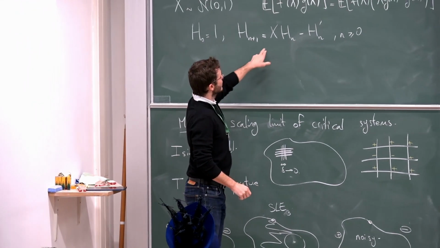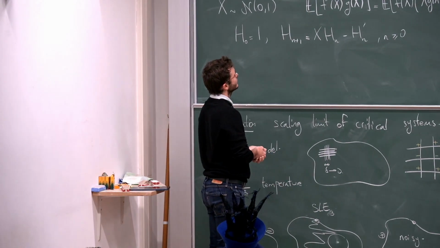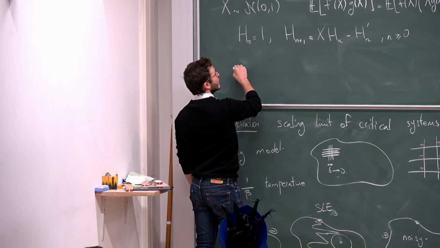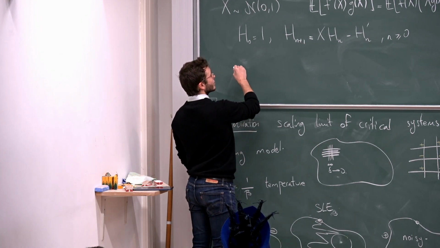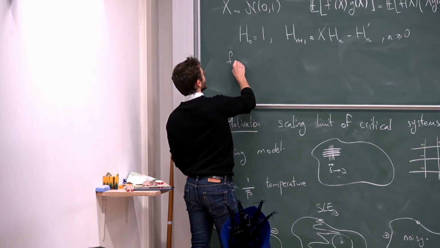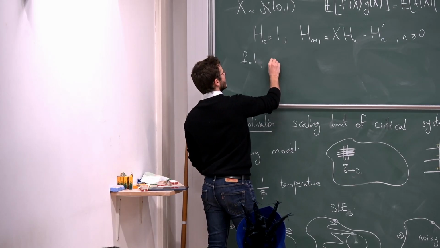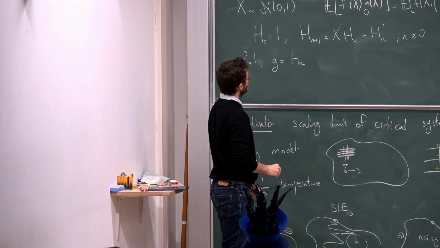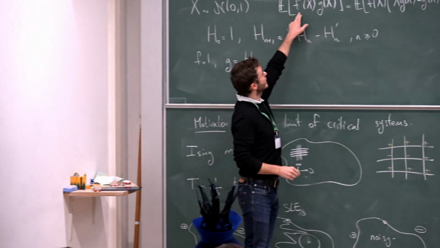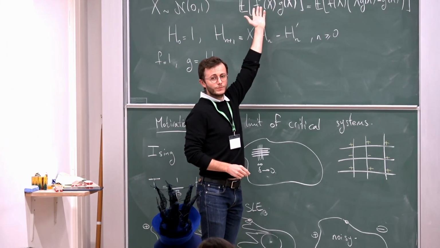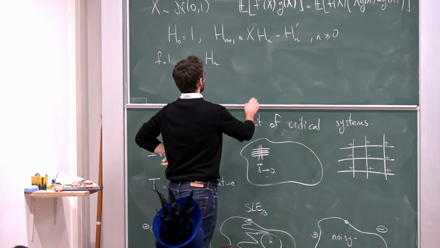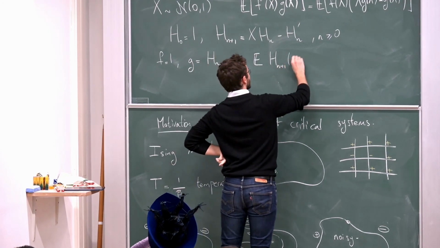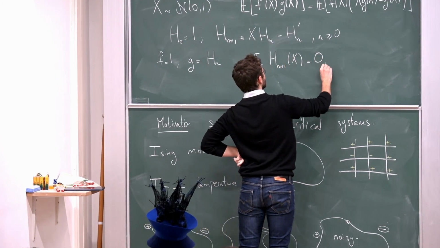These are called the Hermite polynomials, and I can apply my formula over there. So what do I take? I want to take f equals 1 and g equals H_n. If I do that, on the left-hand side I have 0 because f prime is 0, and on the right-hand side I have the expected value of H_{n+1}(X) equals 0.